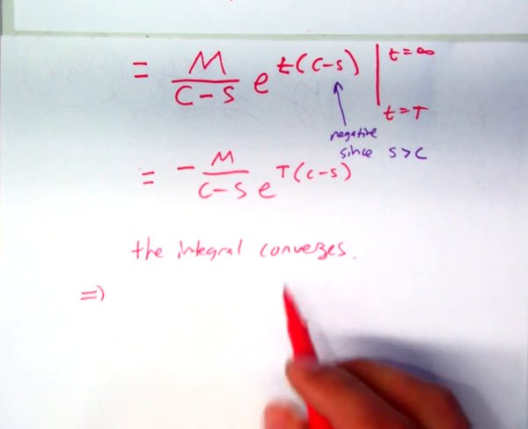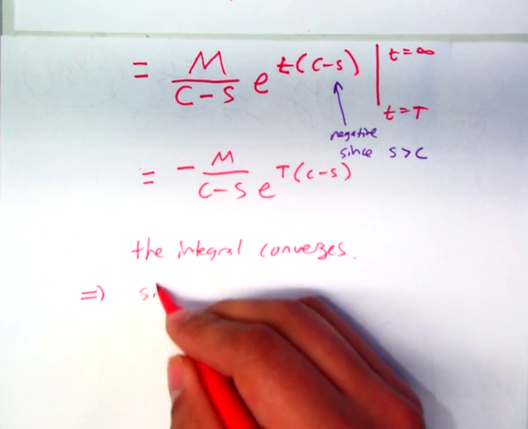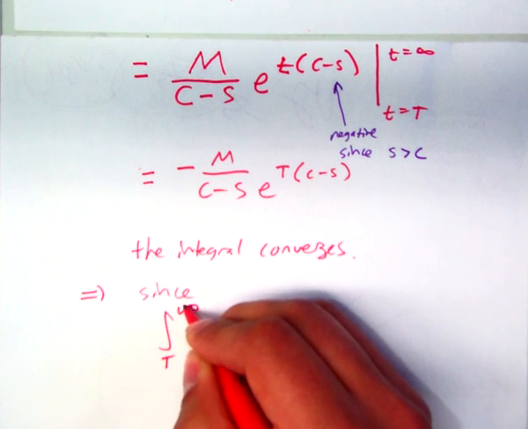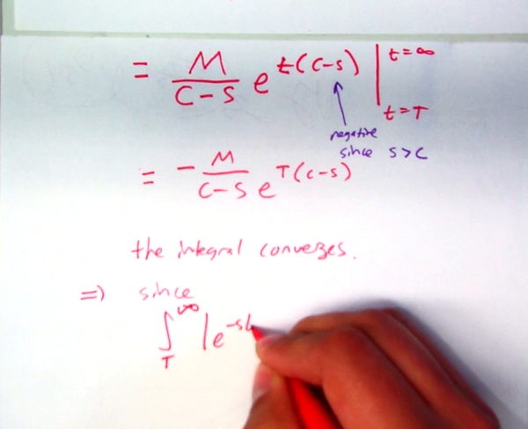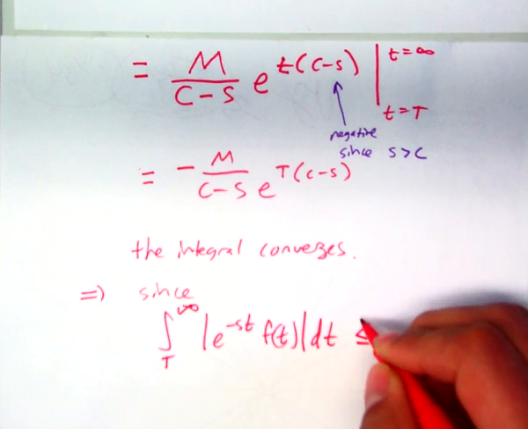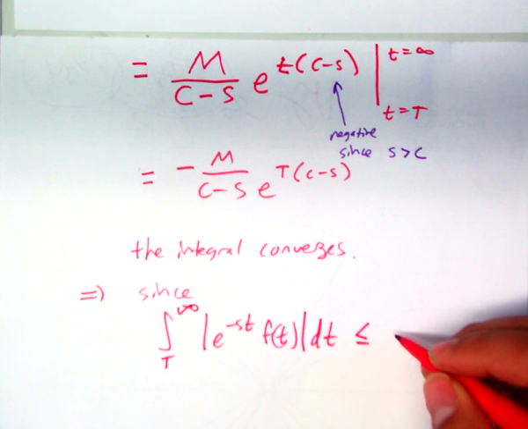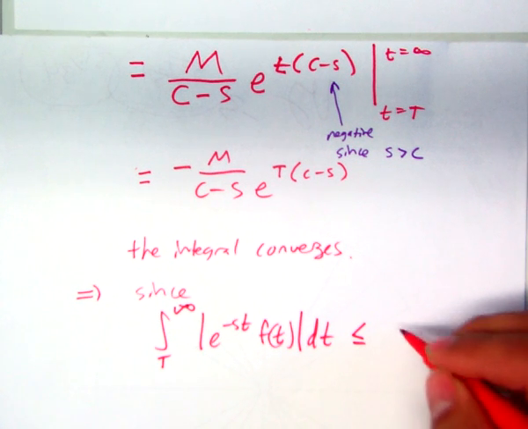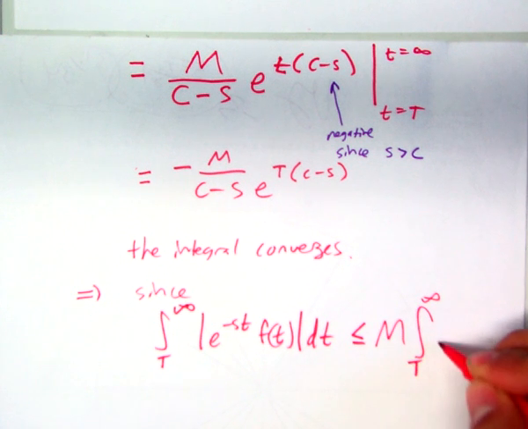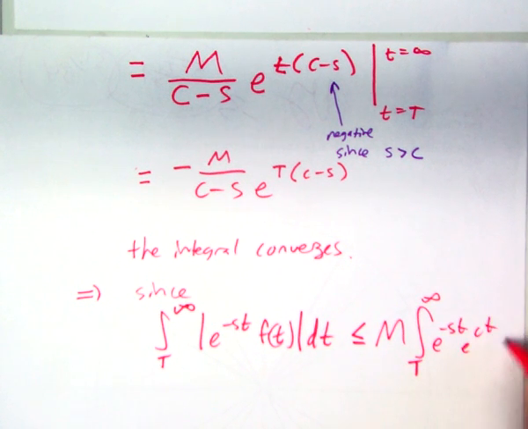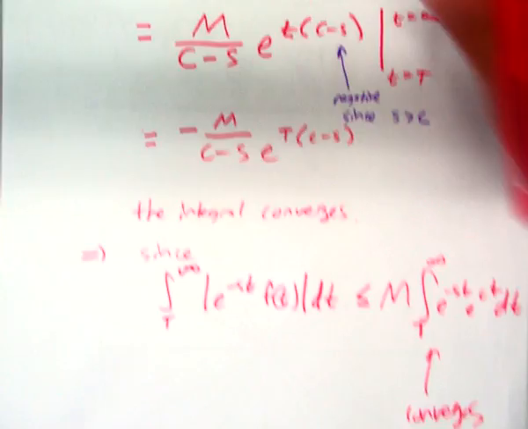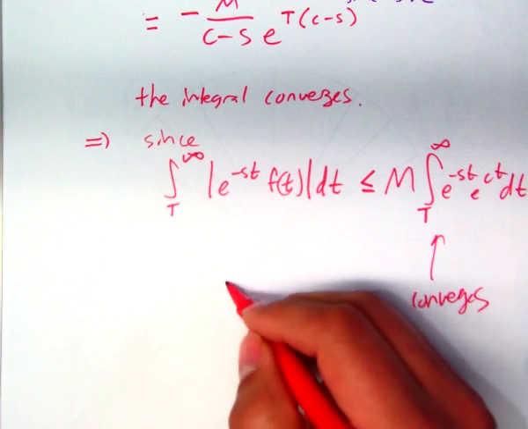And if this integral converges, since the integral from T to infinity of e to the minus st f of t dt was less than the one that we just computed, which I'll write down again, if this converges, then this also converges. Why?